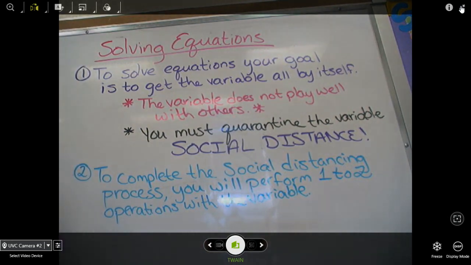Okay, so to complete the social distancing process, you will perform 1 to 2 operations with the variable. Okay?